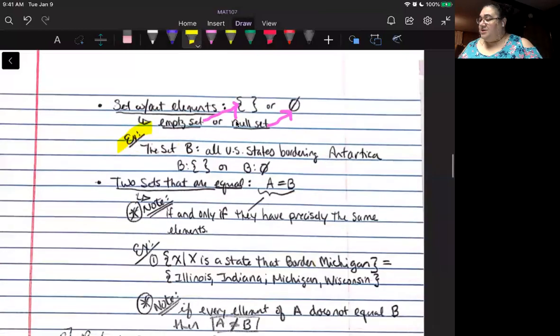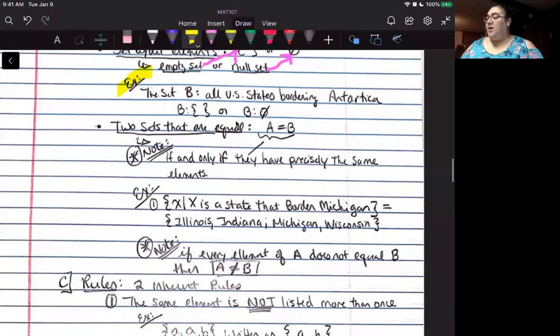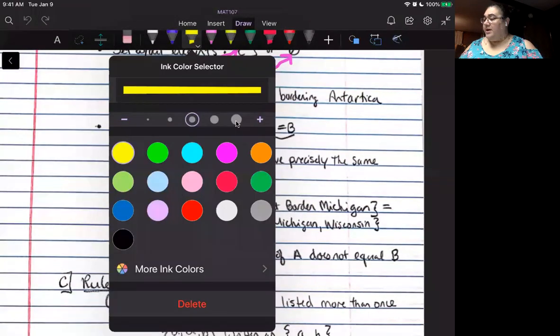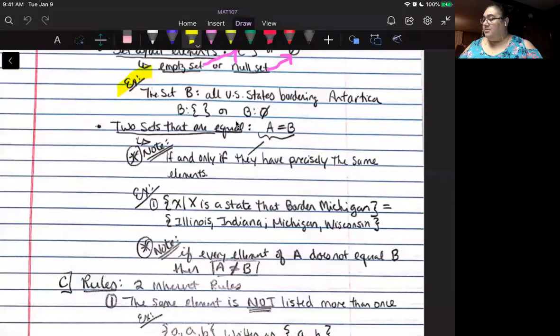The next thing you need to know, when two sets are equal, this is how you write it. Okay? You write the name of each set and set them equal to one another. However, please note that this is true if and only if they have precisely the same elements. What does that mean? Let's look at the example.